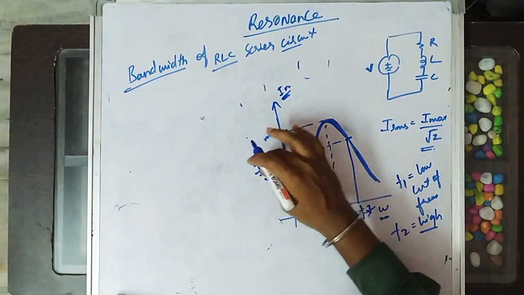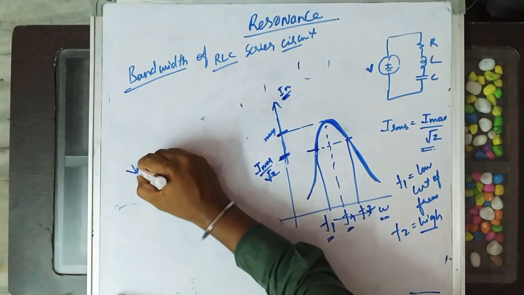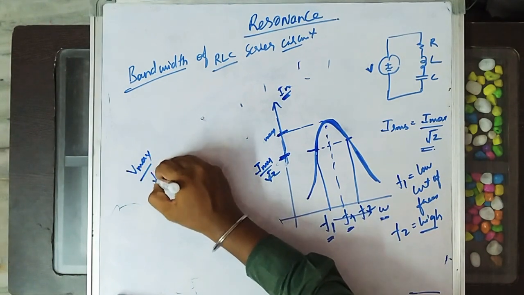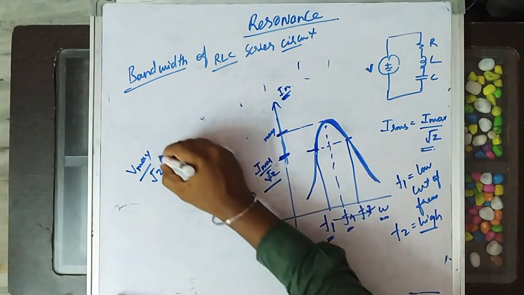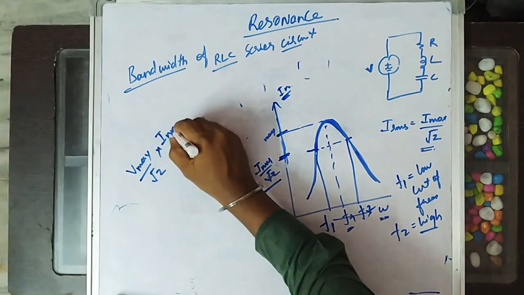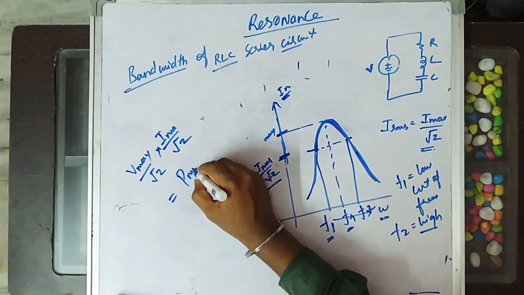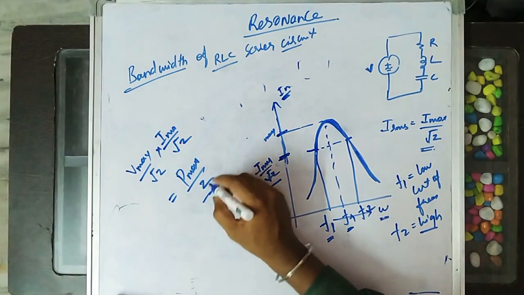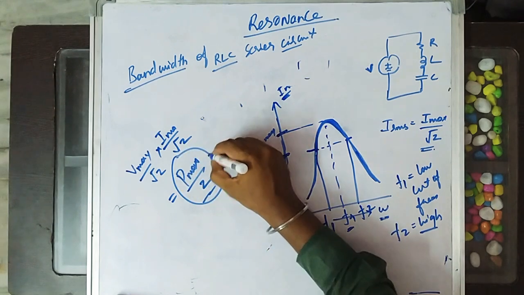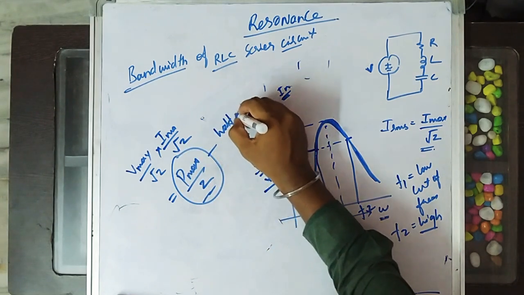If you take voltage also for that circuit, we have Vmax by root 2. Multiplying Imax by root 2 and Vmax by root 2, we get Pmax by 2. This indicates the half power frequency.